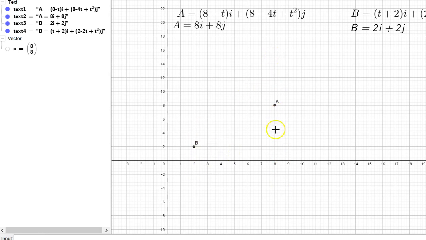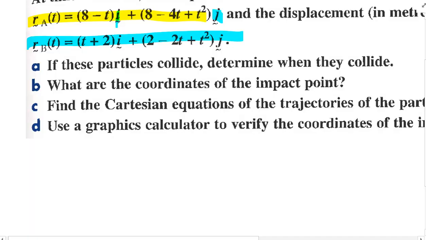They need to be lined up in horizontal space, and they need to be lined up in vertical space. They need to have the same x and y coordinates, essentially. So if we go back here, that means that 8 minus t would have to equal t plus 2, because this i is like our x, it's our horizontal coordinate.